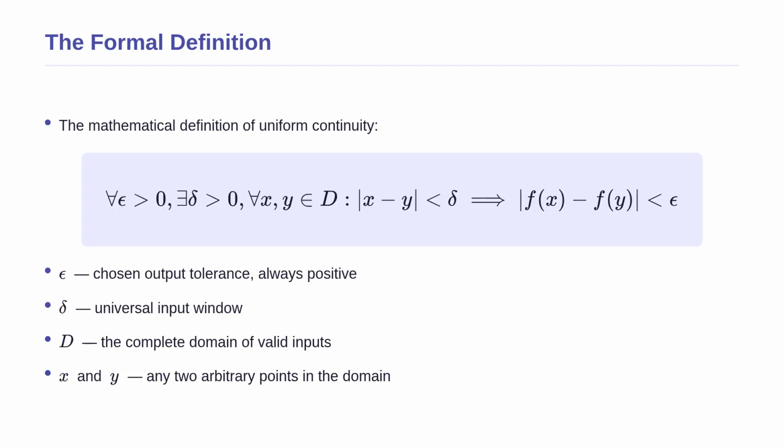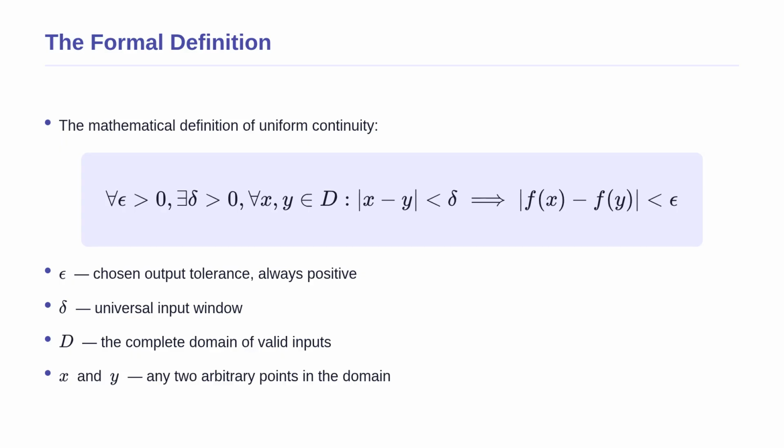Let us translate that driving analogy into mathematics. In this formal statement, the symbol epsilon represents our chosen output tolerance, which is always a positive number. The symbol delta represents the universal input window that we must find. The letter D stands for the domain, and the variables x and y represent any two arbitrary points chosen from that domain.